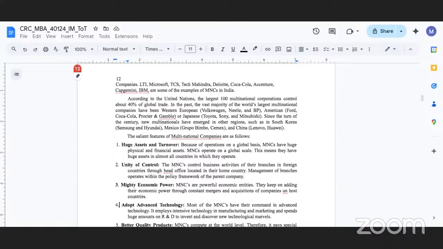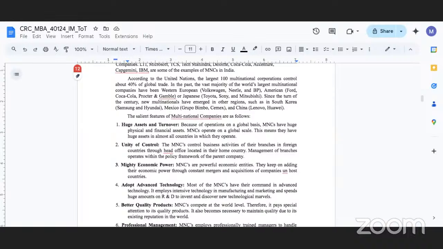Whereas in the past, the vast majority of the world's largest multinational companies have been European. That is, manufacturers of autos like Volkswagen, or food like Nestle, and petrol products like BP, or American like Ford cars, or Coca-Cola drinks, or Procter and Gamble home products, or Japanese like Toyota cars, Sony TVs and others, and Mitsubishi in multiple products.